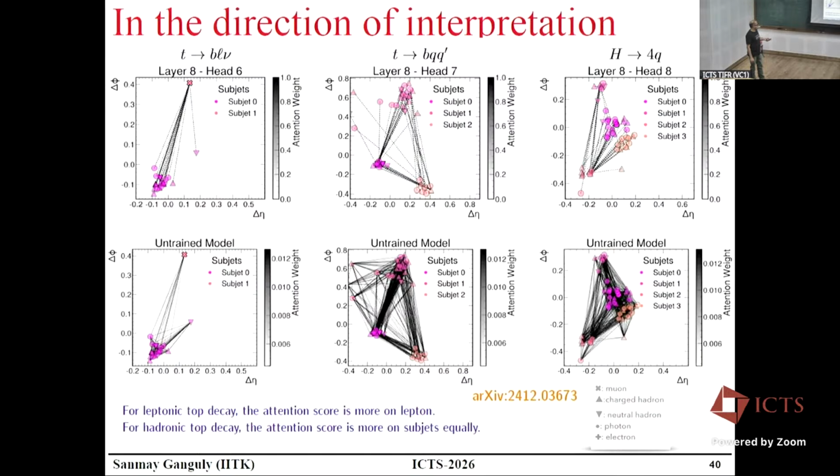As a side comment, it was attempted in this paper that for boosted top tagging, for leptonic top decay, the transformer puts more emphasis on the leptons, but for hadronic top decay, it gives equal importance to all the subjets of the top. This sort of analysis of interpretable neural networks and what physics is being learned is still at a nascent stage and still developing.